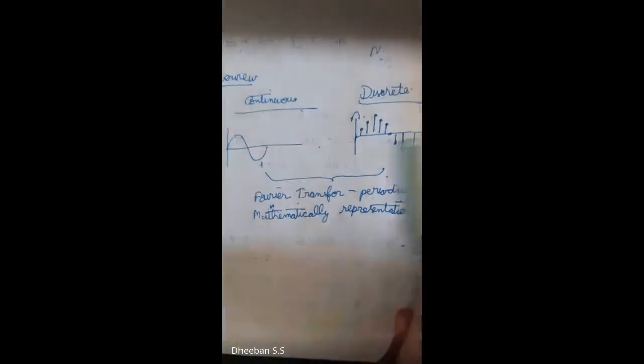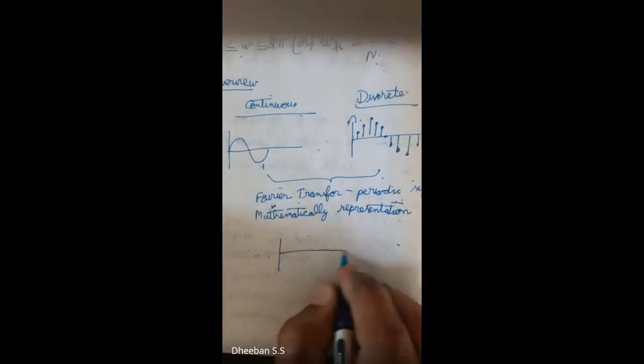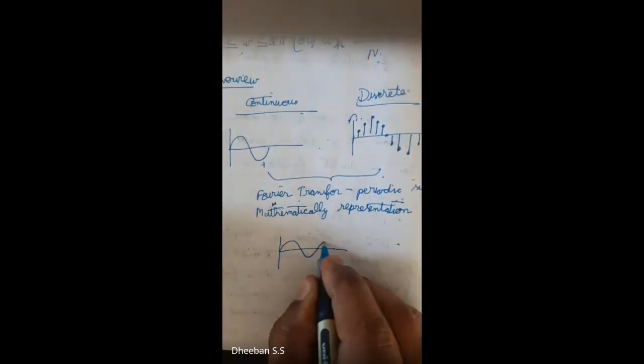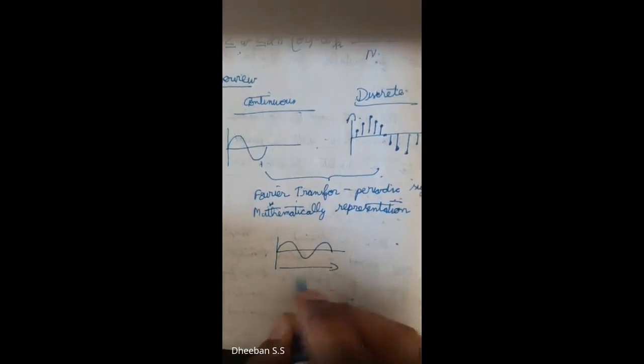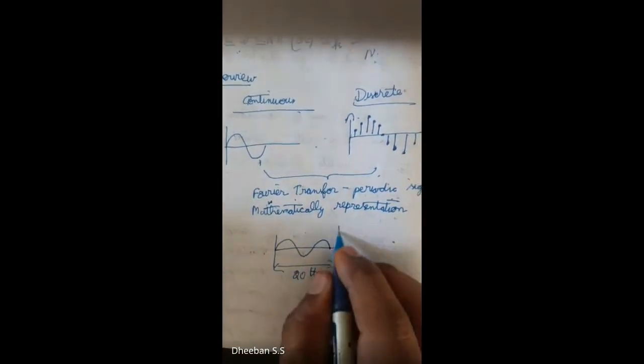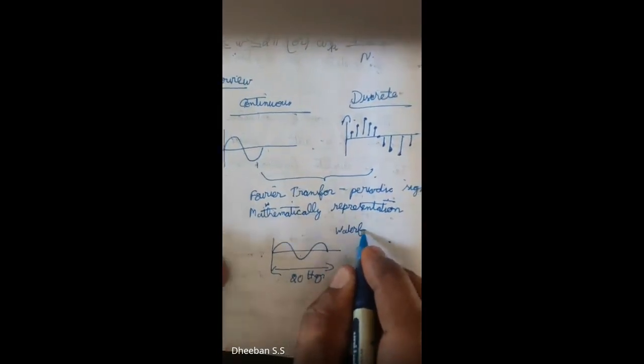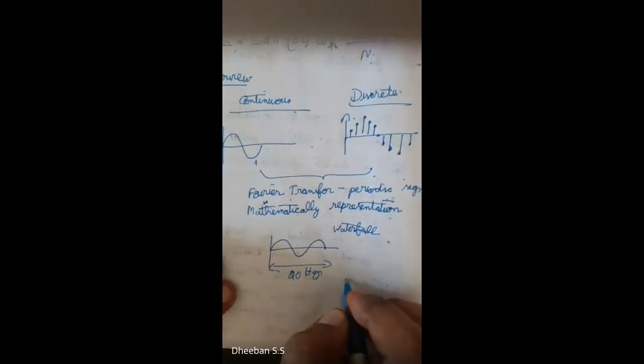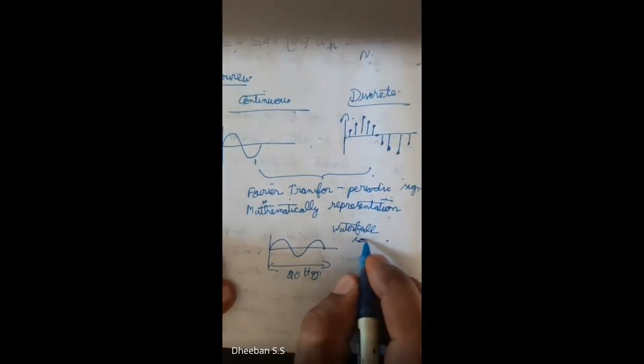Similar to that, we can go to the same waterfall example. You are recording the sound from the waterfalls, so it comes as a sinusoidal wave. You can take it as a sinusoidal wave of 20 hertz. I'm just saying, for example, 20 hertz. Based upon this, they will be converting this into decibels also.